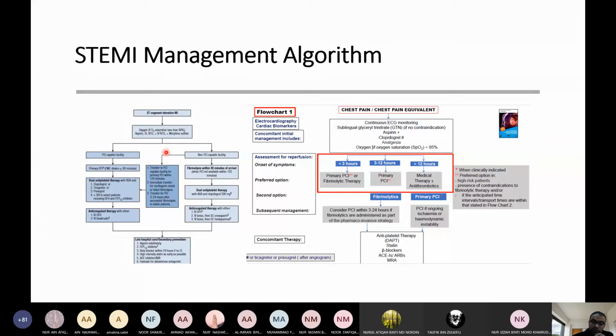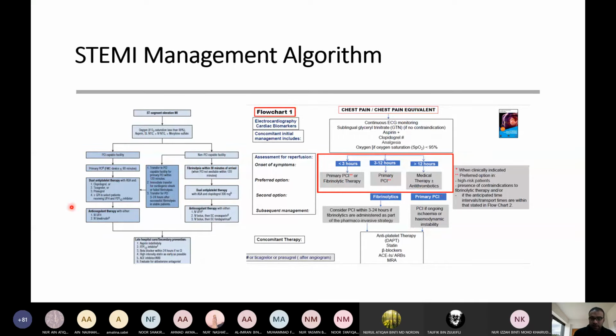We want, in the first place, the reperfusion, the attempt to reopen the coronary artery, to be done, and it depends on whether or not there is a facility for the PCI, the percutaneous coronary intervention. If there is a PCI facility, the primary PCI is to be offered, as you mentioned, within less than 90 minutes from the first medical contact.